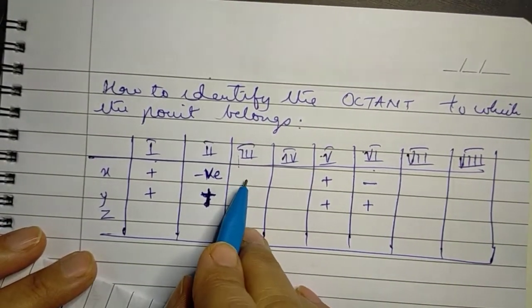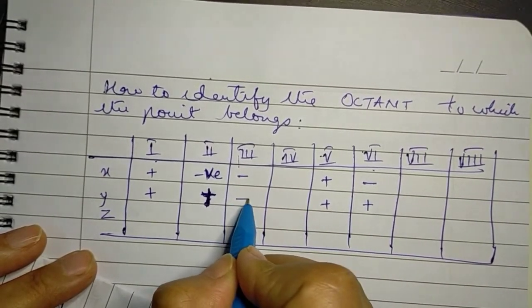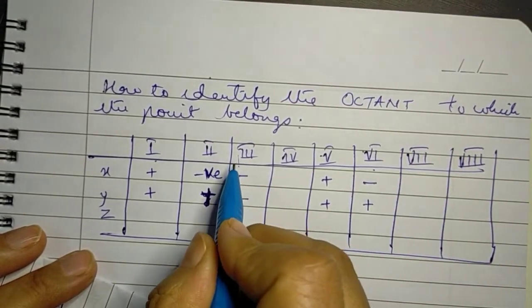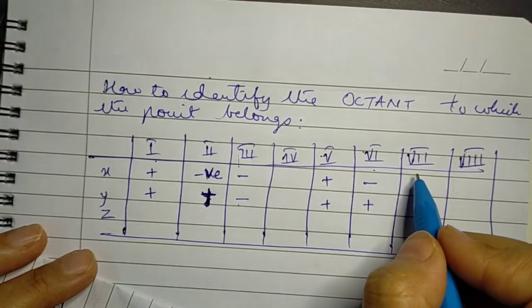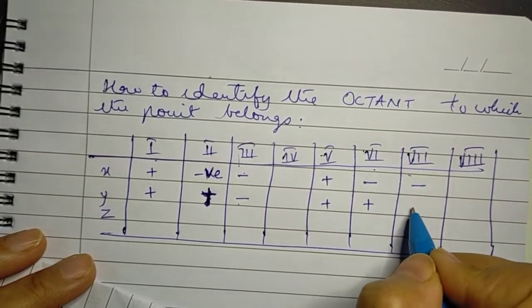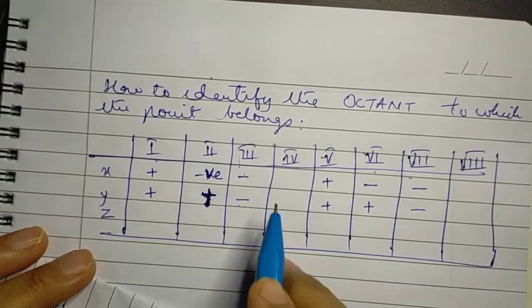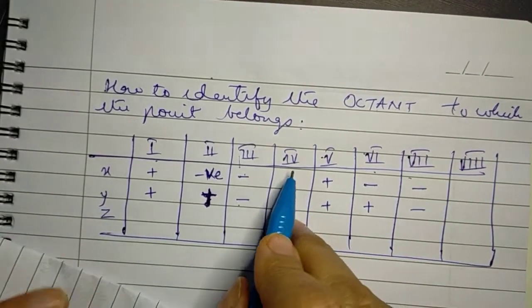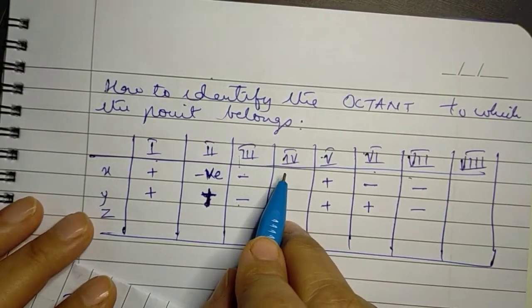In the third quadrant we have x negative, y negative, so is the value for the third octant. For the seventh octant, since it is behind the third one, the x will be negative, y would be negative. Now we have the fourth octant.